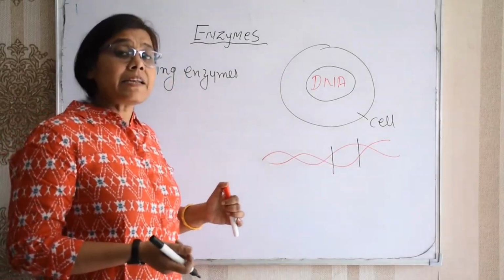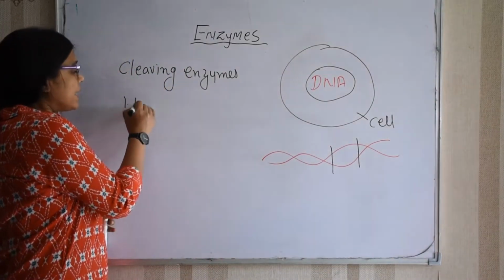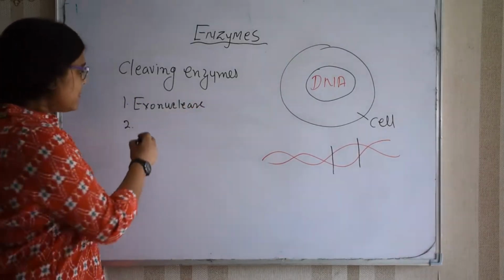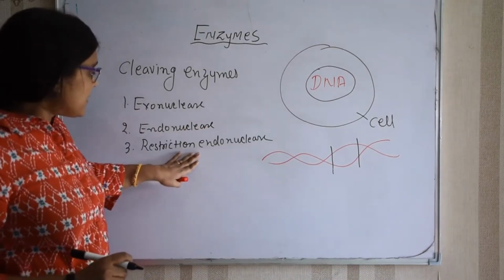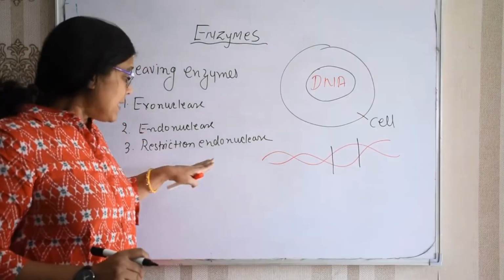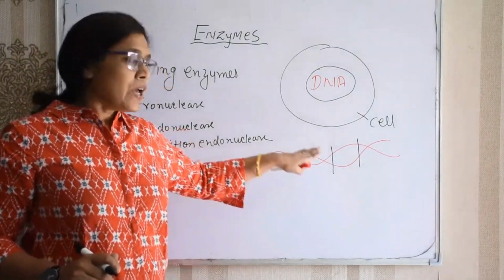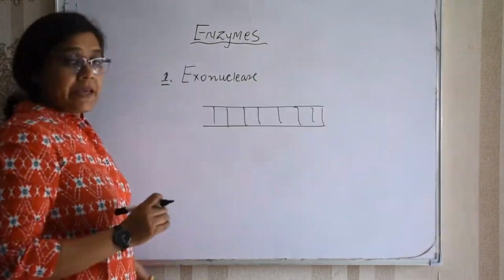And there are three types of cleaving enzymes. Number one is exonuclease, second is endonuclease, third one is restriction endonuclease. These are the enzymes used for cleaving of DNA molecules. So here we will see one by one. The first one is exonuclease.